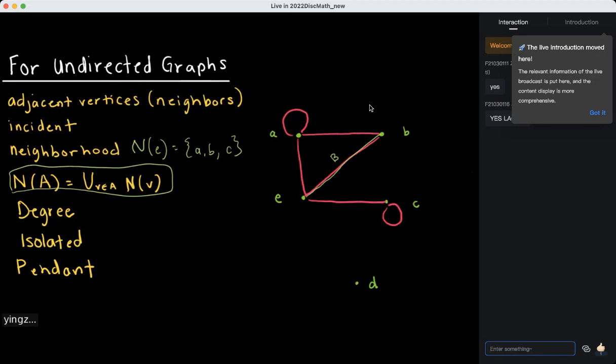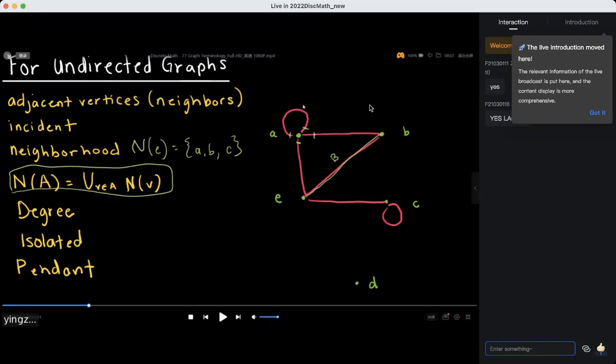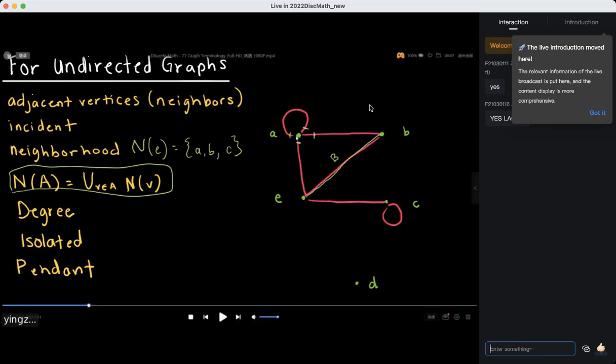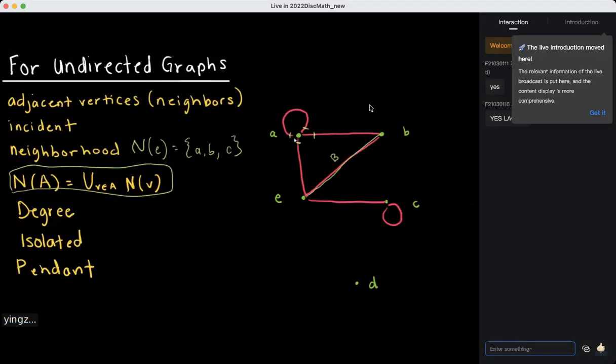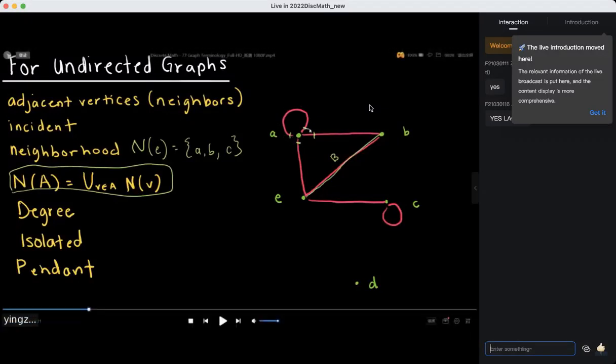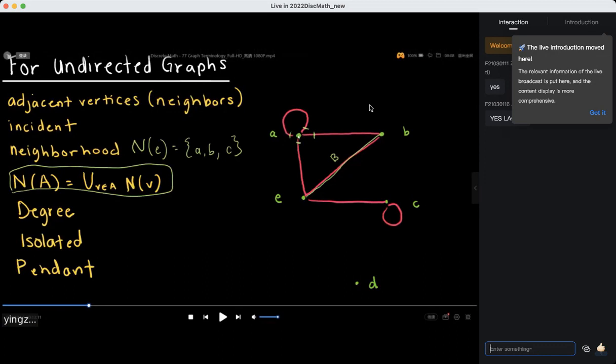So for A, notice we'd have 1, 2, 3, 4. Here we should be careful with the loop. This edge is a loop, or circle edge. We should be careful, because for the degree it contributes 2 degrees, since it comes from A but also ends at A. So we have 2 edge ends connected with the node.